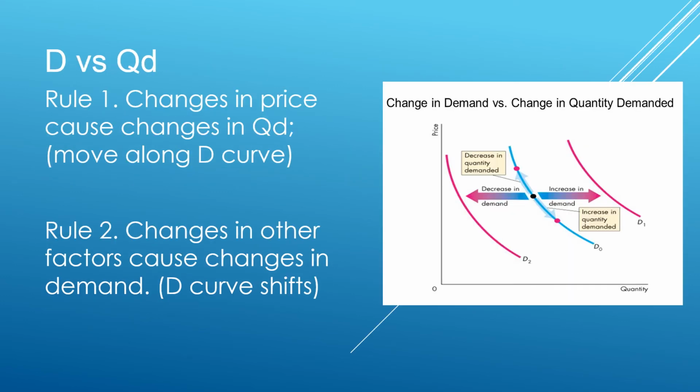Okay, so what is the difference between demand and quantity demanded? You just have to remember this. Every time, if it's the change of the price that causes people to buy a different amount, then that different amount is quantity demanded. So for example, say the price of hand sanitizer increases, so it causes people to buy less, right?